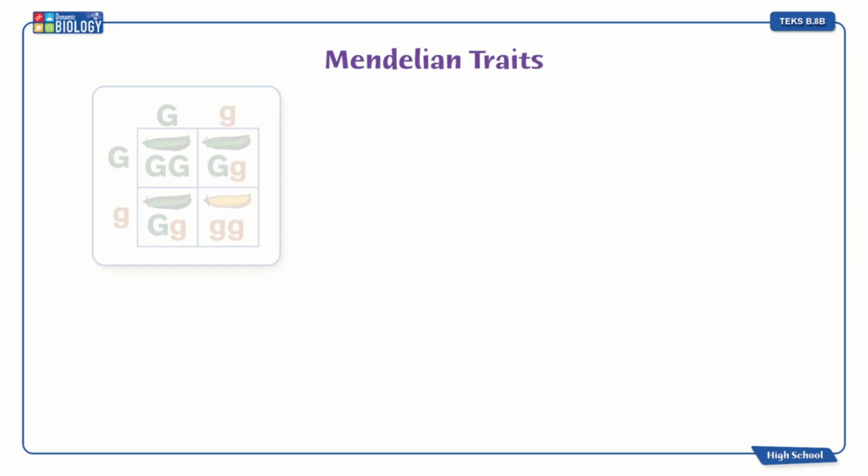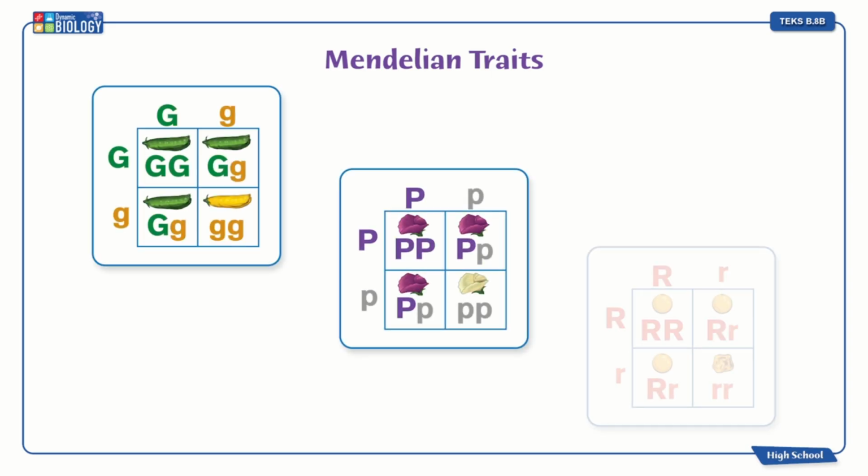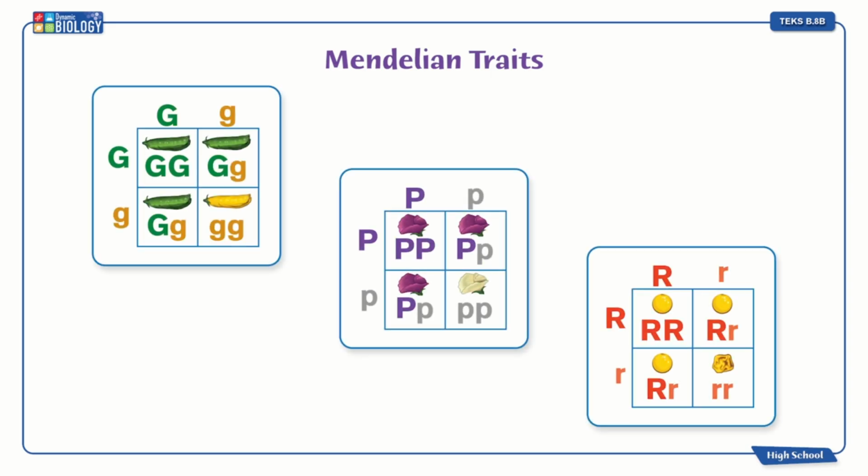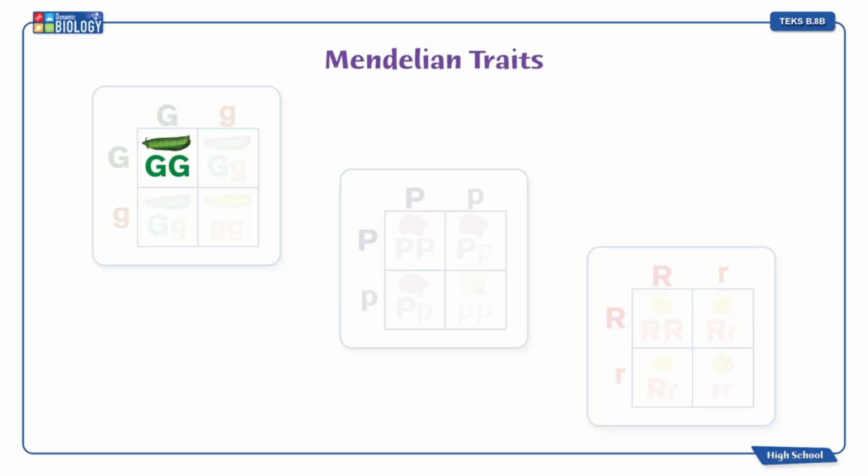In Part 1 of this lesson, we learned how to make predictions about monohybrid crosses and Mendelian traits. Also, we learned how to identify an organism's genotype and phenotype for a single trait. For example, a pea plant that is homozygous dominant for pod color has the genotype G, G, and a phenotype of green pods.